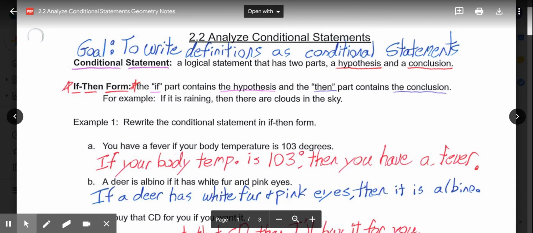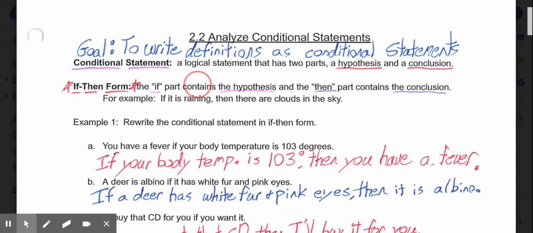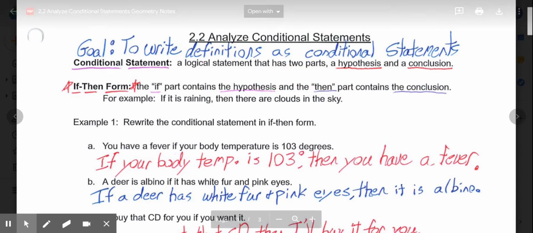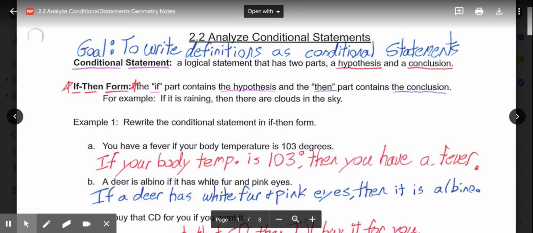In this case, because we are putting together two different statements, we have to connect them with a conjunction. The way we do that mathematically is we write them in an if-then form. The if part always contains our hypothesis. What follows the word then contains the conclusion.